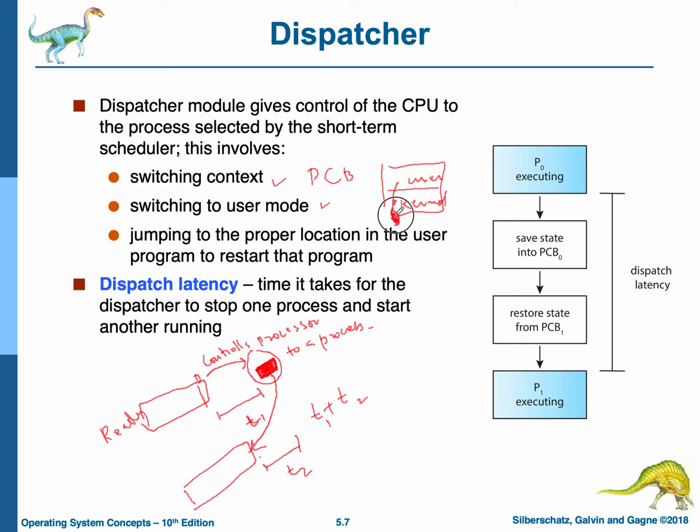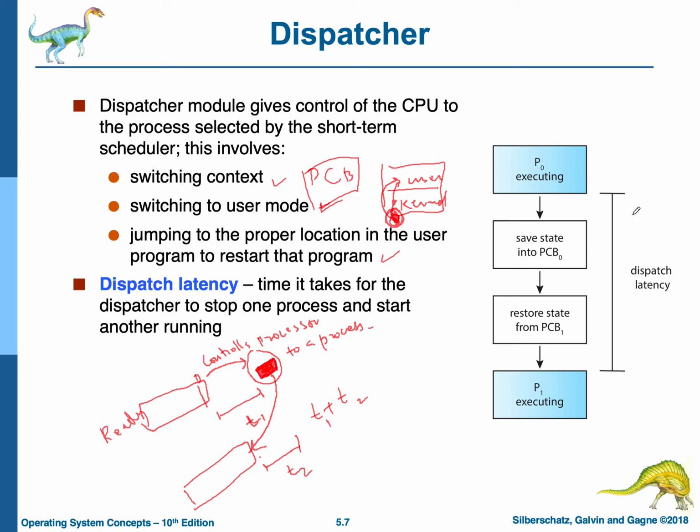And it has been assigned to a CPU. Then going back to the user mode is also the responsibility of the dispatcher, and jumping to the proper location in the user program to restart, to resume the program, right?